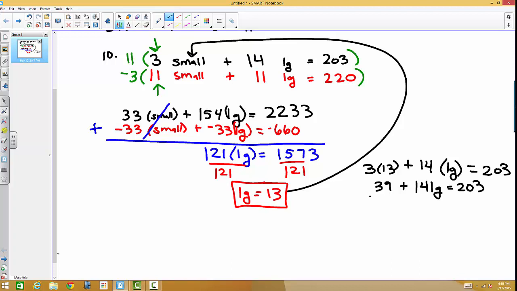You would need to subtract 182 from both sides.